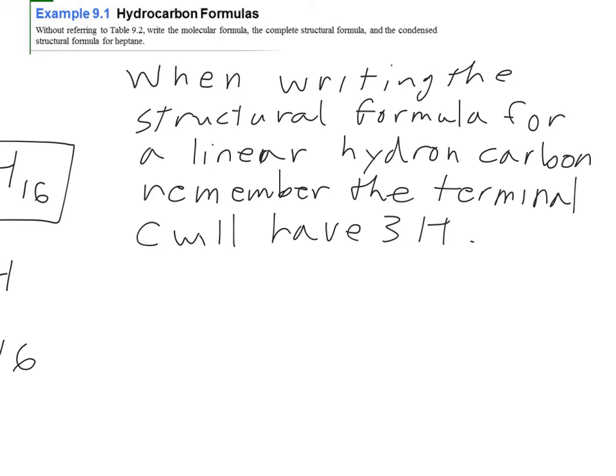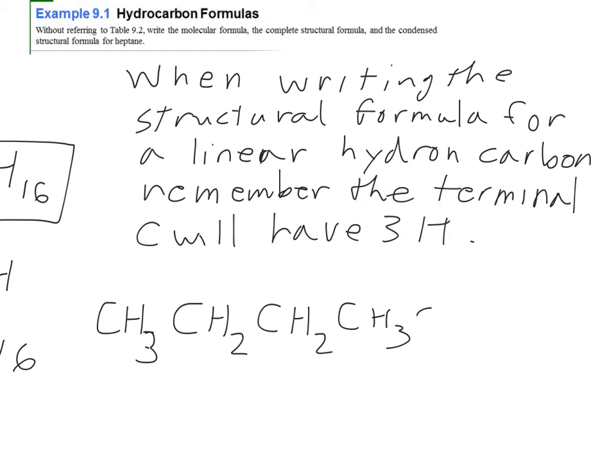Remember, when writing the structural formula for a linear hydrocarbon, those terminal carbons have 3 hydrogens because they don't form that second bond that all the other carbons in the chain do. So I'm going to have my first carbon with 3 hydrogens. Then I'm going to have CH2, and I'm going to have 2 terminal carbons and 5 center carbons.